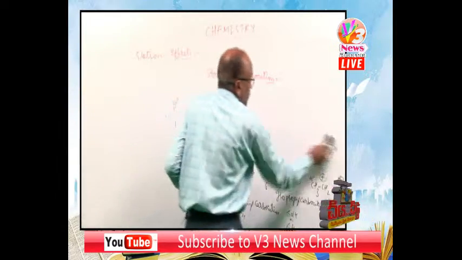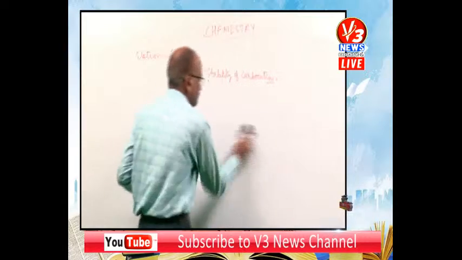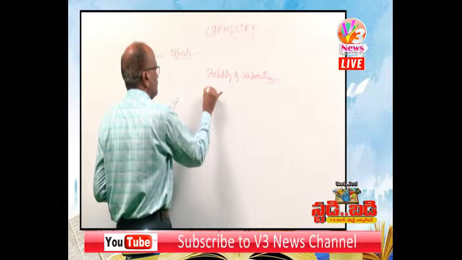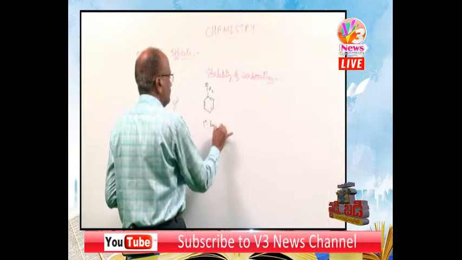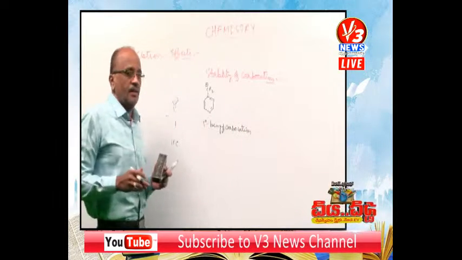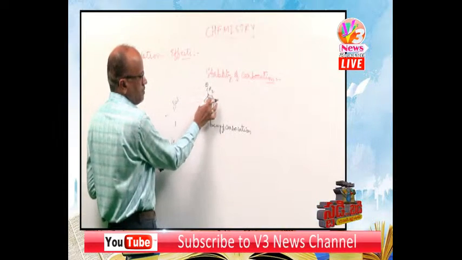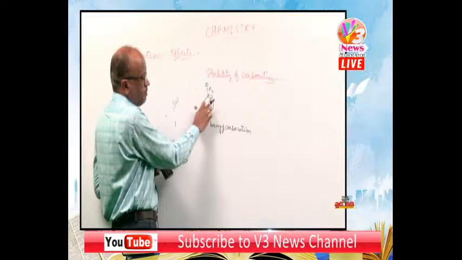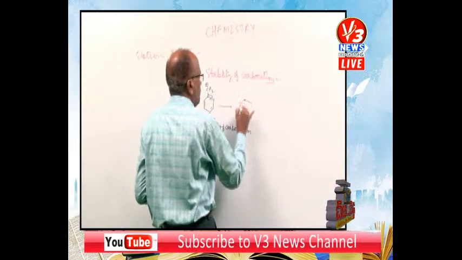Now come to aryl carbocations, like benzyl carbocations. CH2 plus. This is a primary benzyl carbocation. The stability of benzyl carbocations is based on resonance. If you write resonating structures of this one, this pi bond is shifted in this direction, that is delocalization, resonance. Why is there delocalization? Since this pi bond and the positive charge are in conjugation, delocalization takes place.